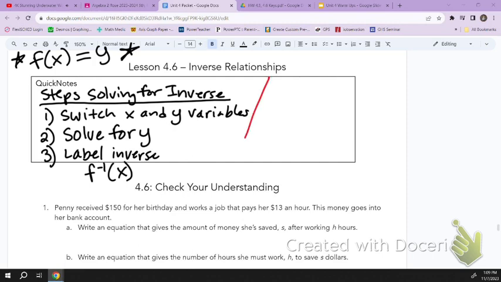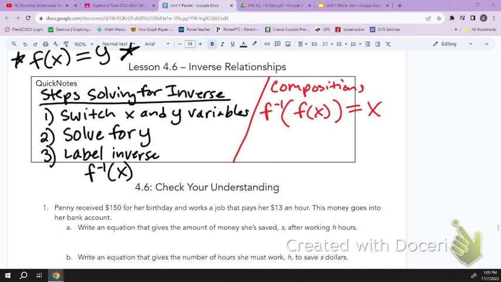We might see some unique compositions of inverses. So if I put the original function into its inverse, it will undo each other and we'll be left with x.